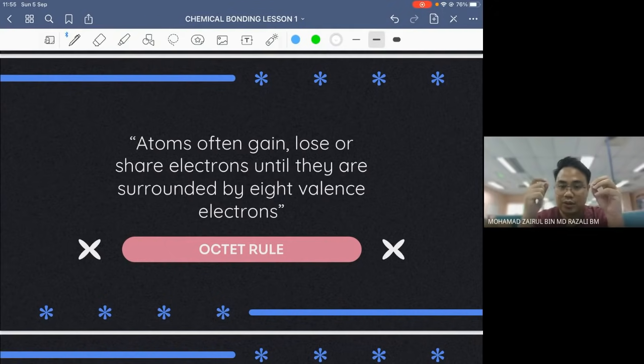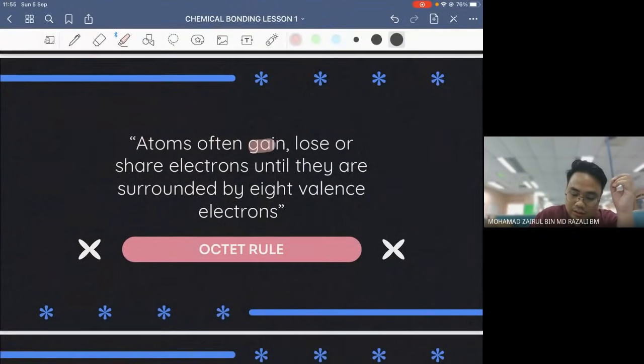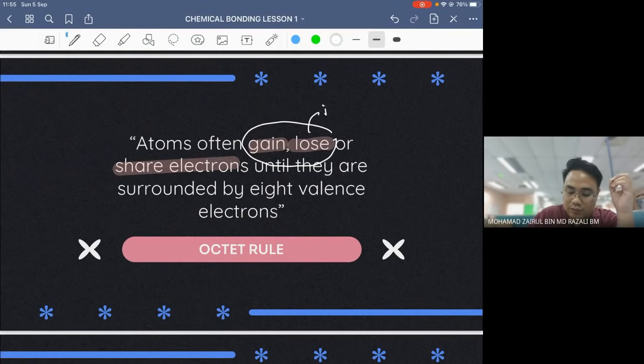So maknanya in order to become stable, the atom must have 8 valence electron surrounding the atom. Dan macam mana atom itu nak dapatkan 8 valence electron? It can be either by gaining, losing or sharing electron. So kalau by gaining or losing electron, ini selalunya adalah during the formation of ionic bond.